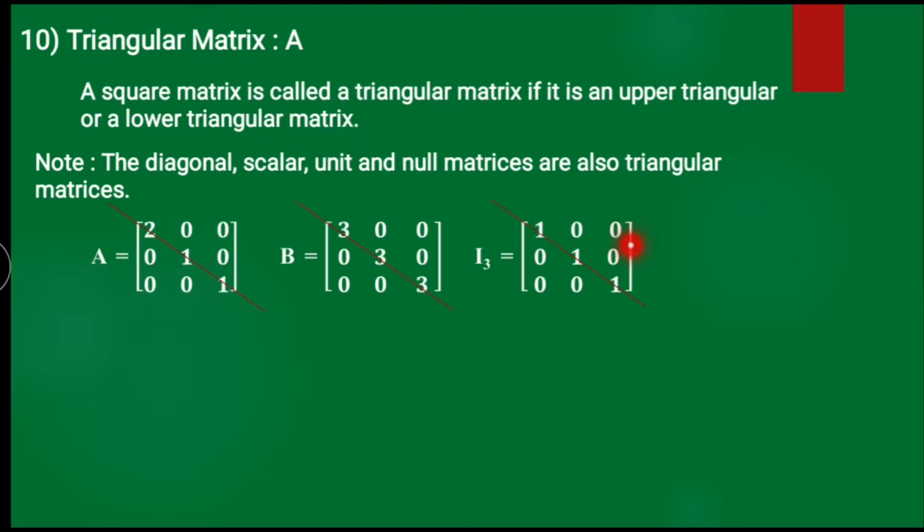The elements above the diagonal and below the diagonal are all 0. So a unit matrix is also a triangular matrix. Then we consider the null matrix. Here we consider diagonal elements as 0, 0. The non-diagonal elements are also 0. So this is a triangular matrix.